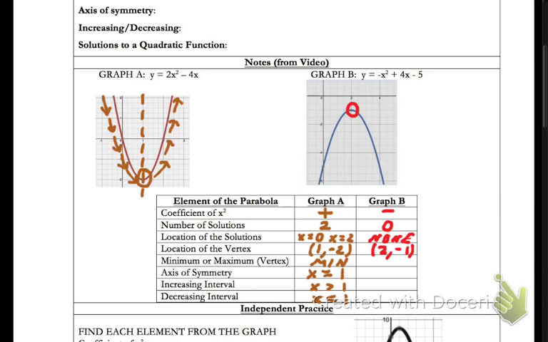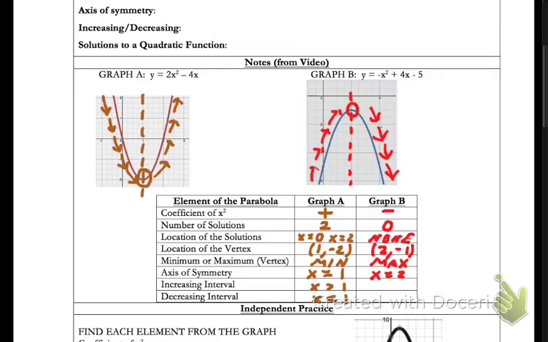Now this vertex happens to be a maximum value. Now the axis of symmetry, I'll run right through. There it goes. And this is the line x is equal to 2. Now on this one, the parabola is going up, stops for a moment in time, and then it goes back down.